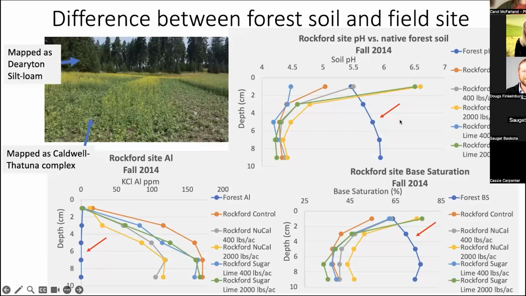So one of the things that I thought was most interesting is that we did pull and test soil cores from the actual forest soil. And so you can see here that at the surface it had a pH of about 5.5 and went up from there, versus the control soil over here in the orange.